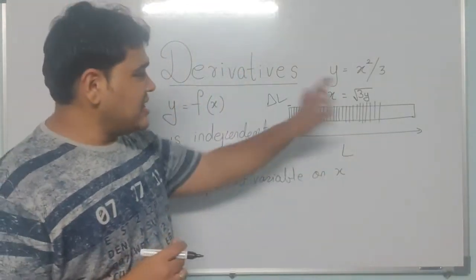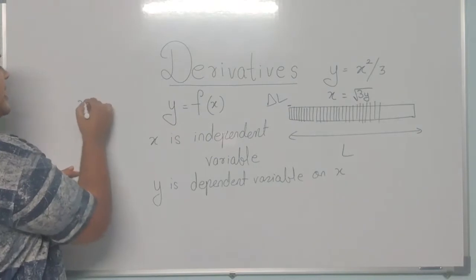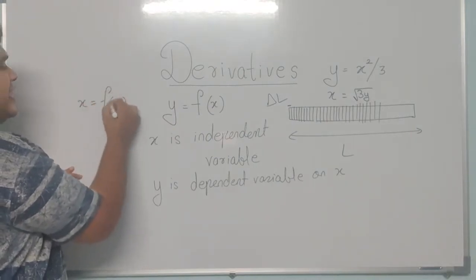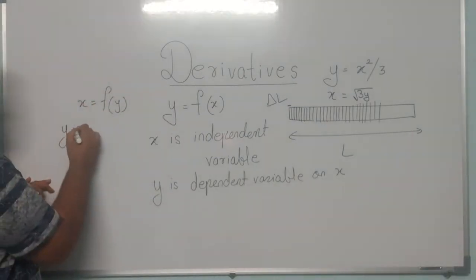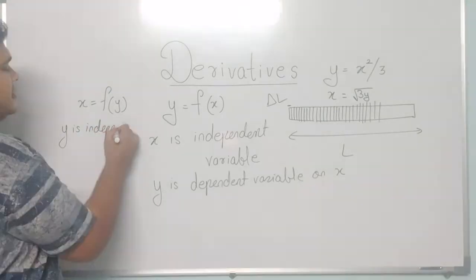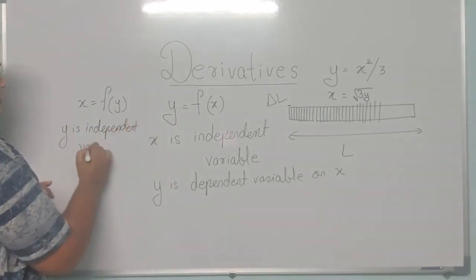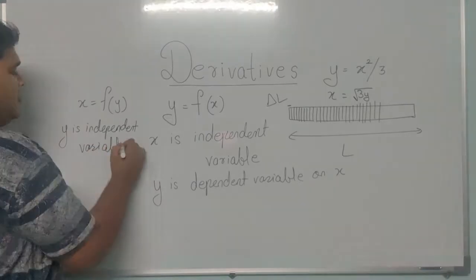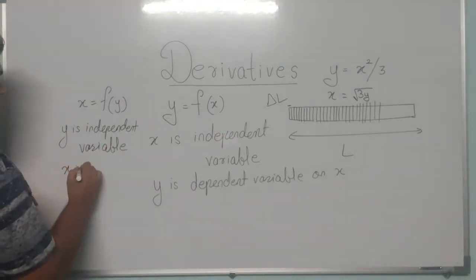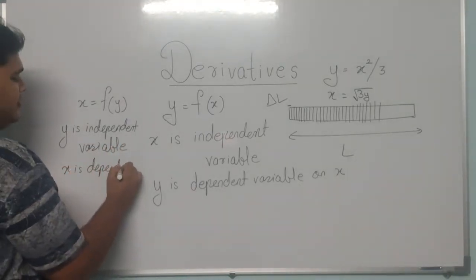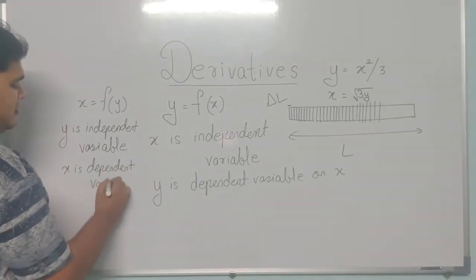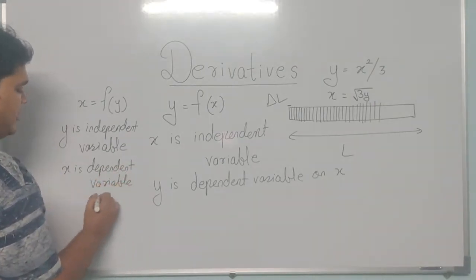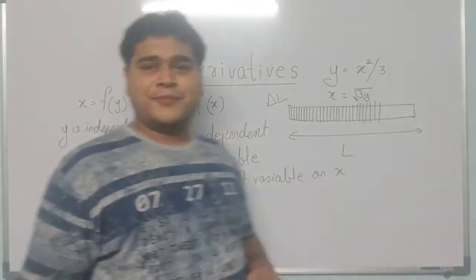Correct? Then I have to write that x is a function of y, where y becomes the independent variable and x is the dependent variable.